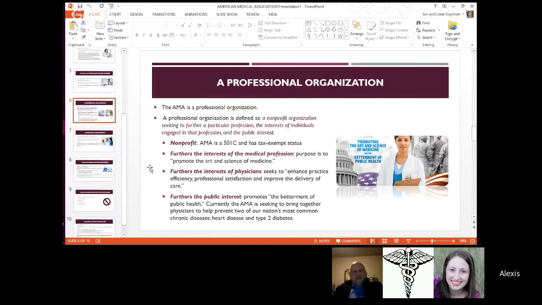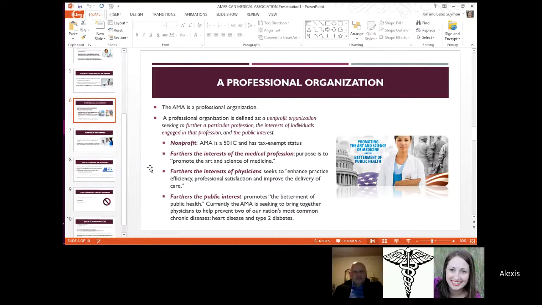Okay. The AMA is a professional organization, and a professional organization is defined as a nonprofit organization seeking to further a particular profession, the interests of individuals engaged in that profession, and the public interest. So the AMA is a nonprofit, has a 501c3, and has a tax-exempt status.